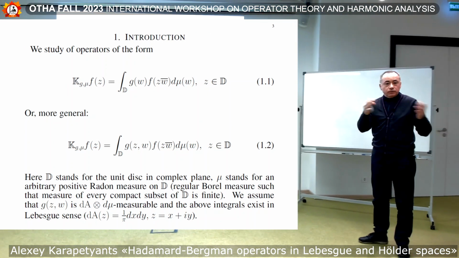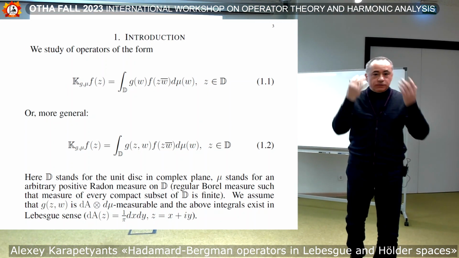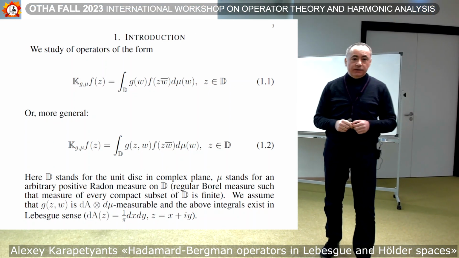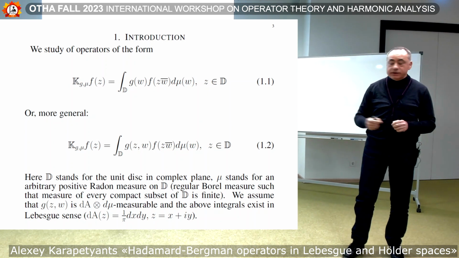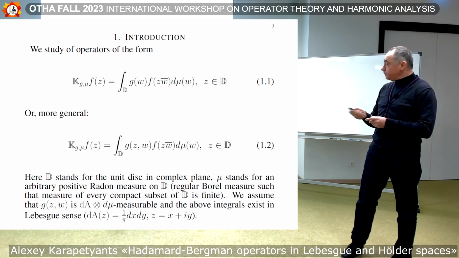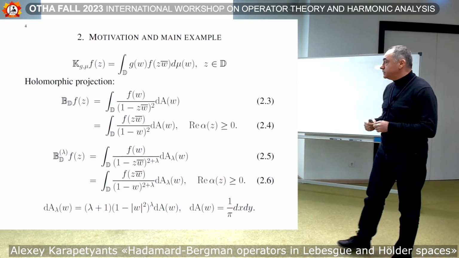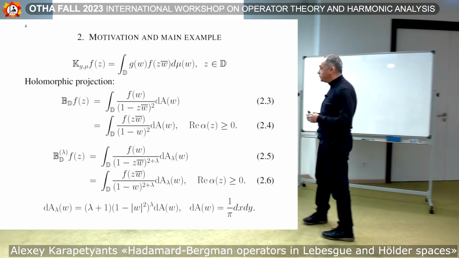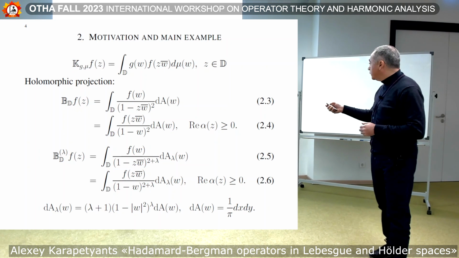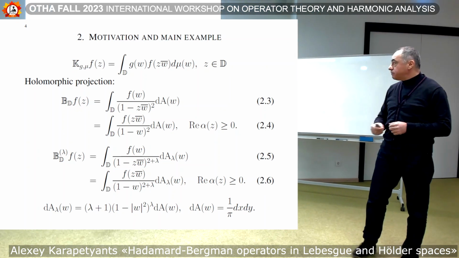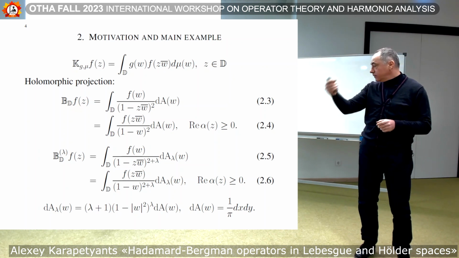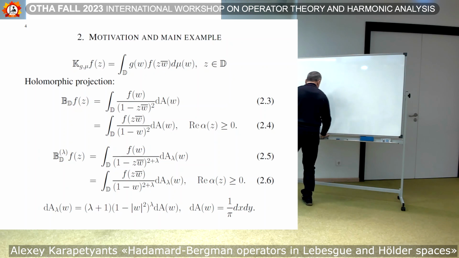And of course, when you introduce a new class of operators, you first of all think what are the examples inside your class of operators, right? And of course, we have very nice examples inside of this class of Hadamard-Berman operators. First and basic example, the so-called holomorphic projection, or Berman projection, or Berman-Jelbashan projection, an operator that maps functions to holomorphic functions, like L^p functions to holomorphic functions.